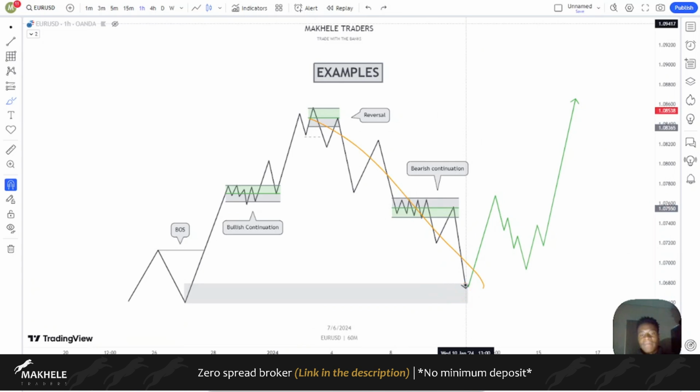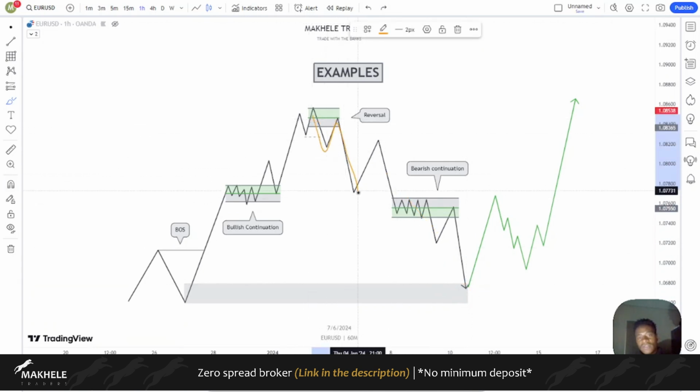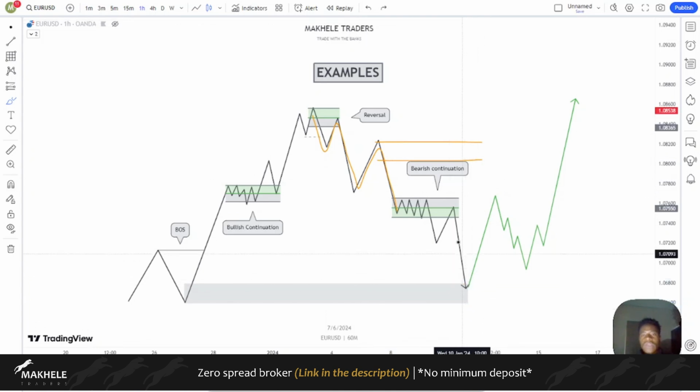So for price to come back there, what will price do? Price will shift into a bearish trend like this. Instead of it coming back here because it wants to complete its objective by mitigating this demand zone, it has to what? Print new fresh supply zones, which we call bearish continuations.